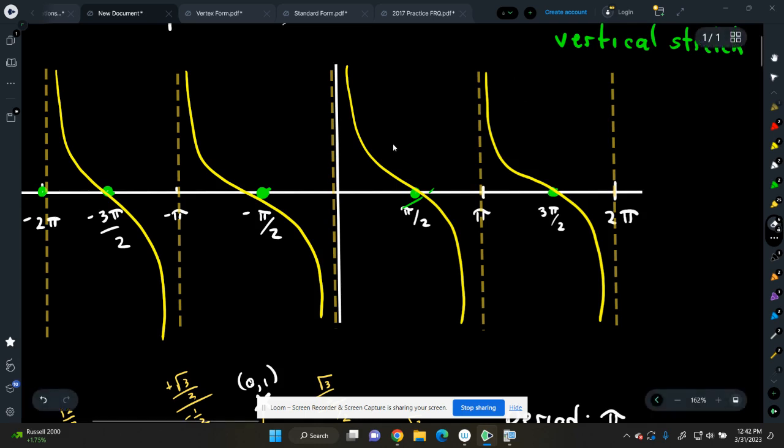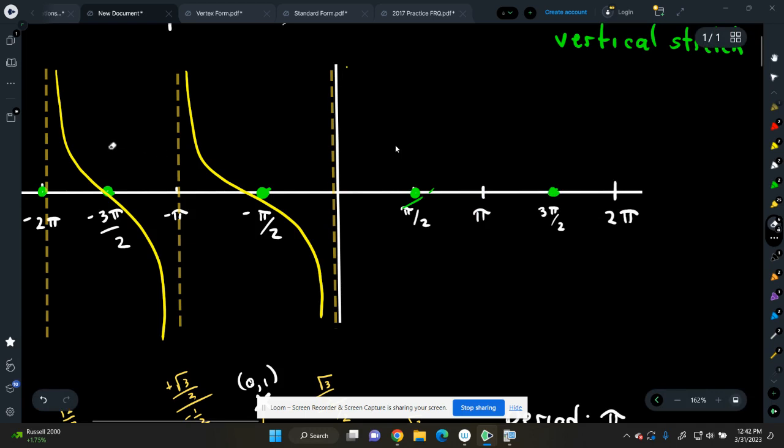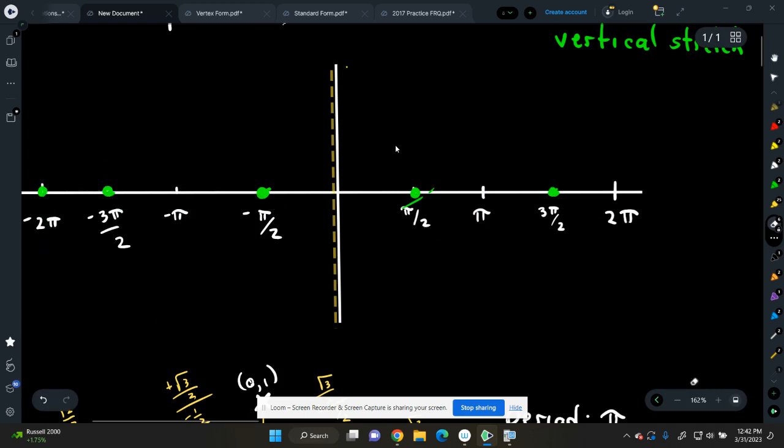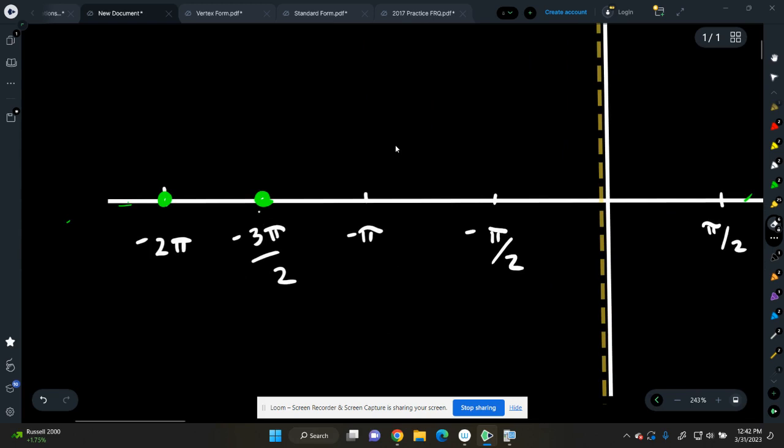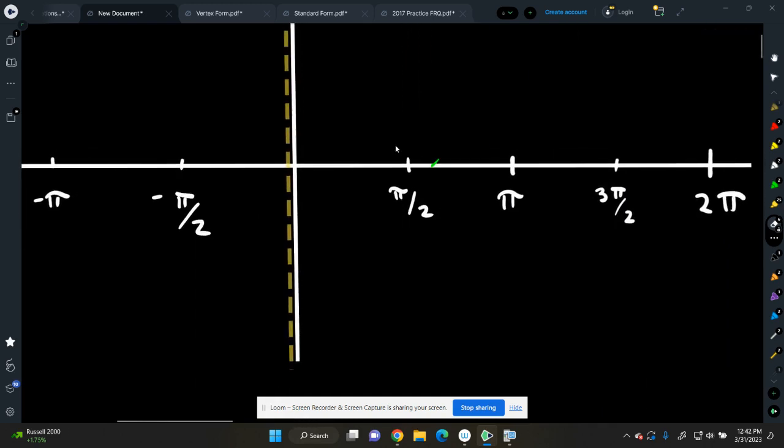Okay, let's move on to secant and cosecant because these are really, really weird, right? So let me get rid of a whole bunch of stuff here. And what I'm going to do is sketch in the sine curve. Actually, you know what?